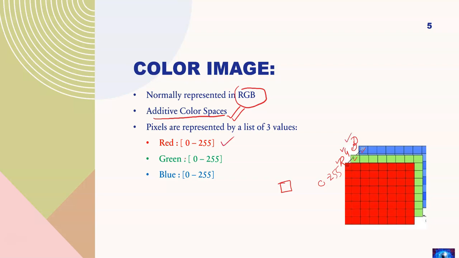Red will have 0 to 255, green will have 0 to 255, and blue will have anything between 0 and 255, including both the values. So pixels are represented by a list of these 3 values. Now 255 here means the full color. If it is 255 red, that means it is full red color. This whole area will be the darkest full red color. And if it is 0, that means it is white.